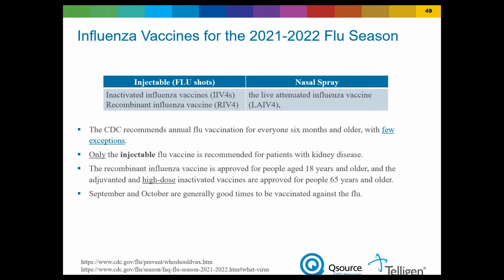It is important to remember that only the injectable flu vaccine is recommended for patients with kidney disease, along with many other conditions. The recombinant flu vaccine is approved for 18 years and older, and a high-dose version of inactivated vaccine is approved for ages over 65. In general, September and October are good times to be vaccinated against flu. Next slide.